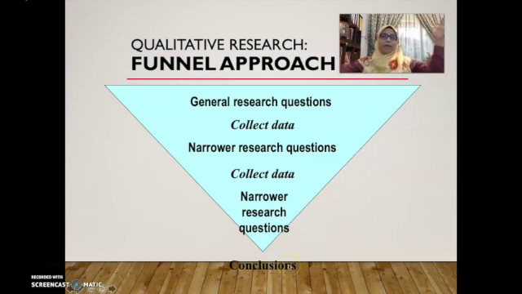So from a big view or a general question, it keeps on narrowing throughout the data collection, so that the research question becomes very specific, and at the end you get the conclusion.